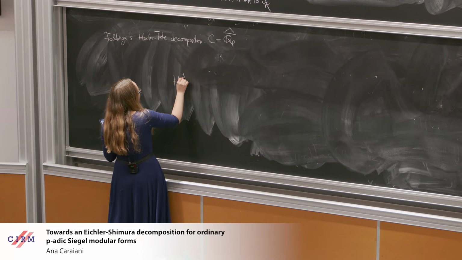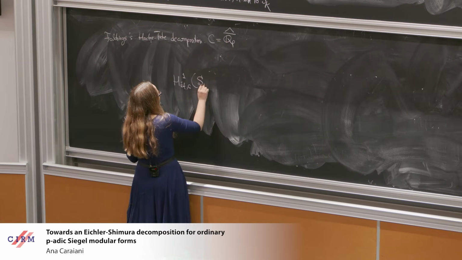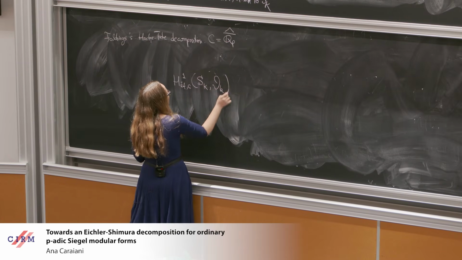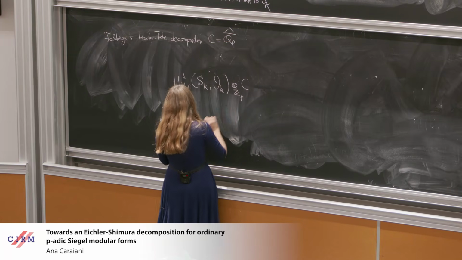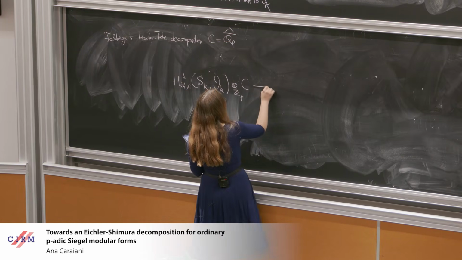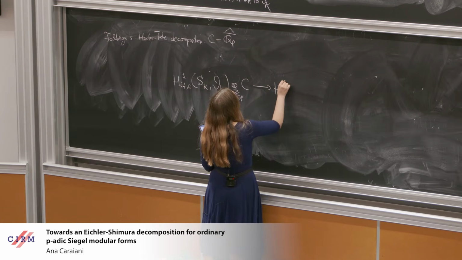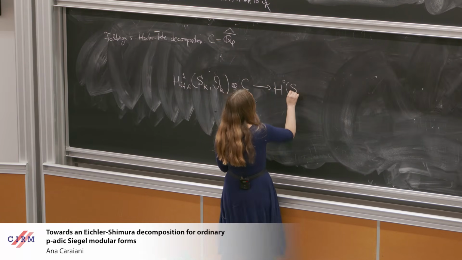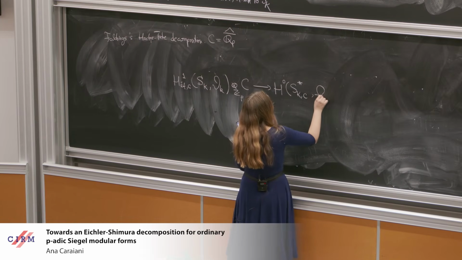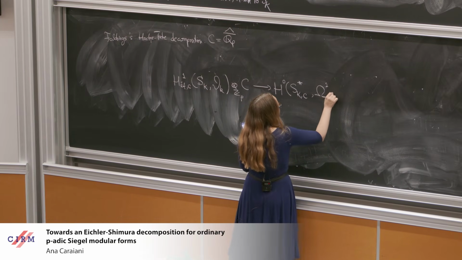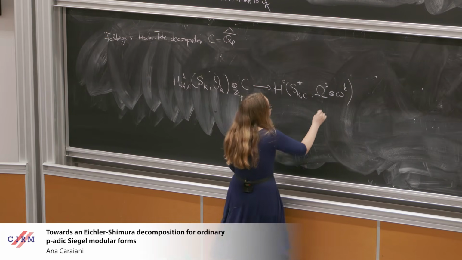So in the middle, you can put étale cohomology of S_K with coefficients in this local system, and then extend scalars to C. And then this fits into a short exact sequence where on one side you have H0 with coefficients in differentials tensor omega^k.